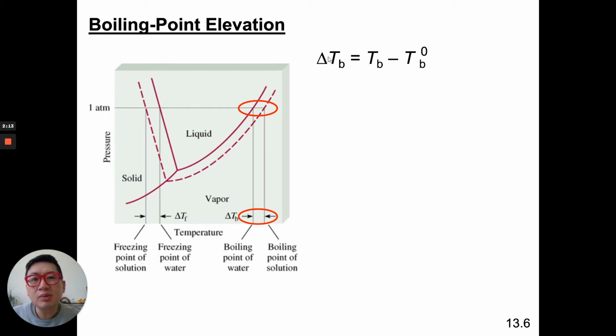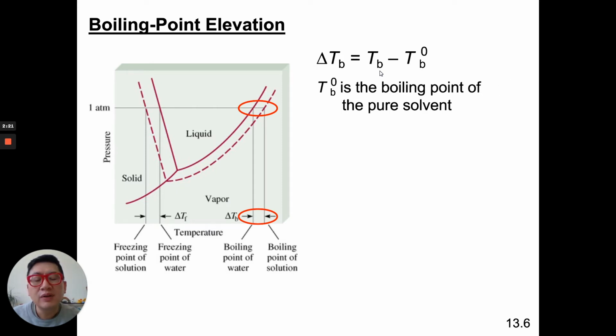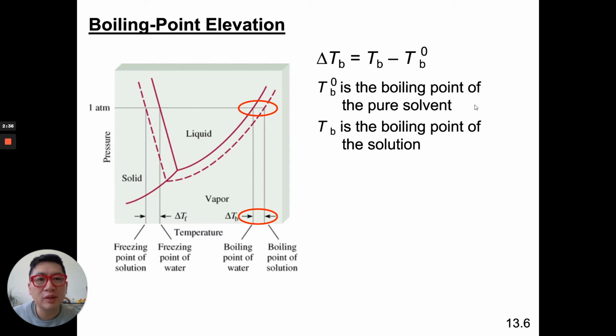The change in temperature, this little triangle delta, means the difference in boiling temperature, will be the boiling temperature of the solution, Tb, minus the boiling temperature of the pure solvent, Tb⁰, also known as Tb naught, or just the boiling point of the pure solvent.